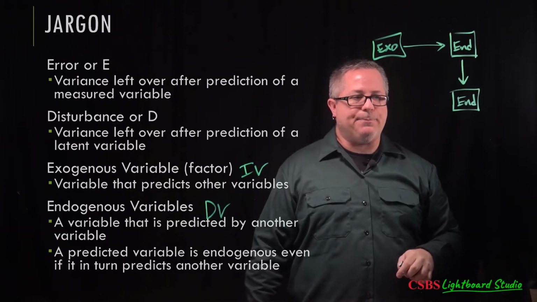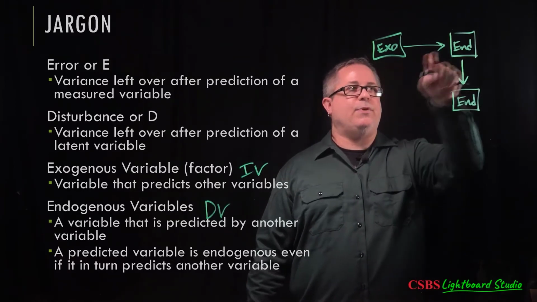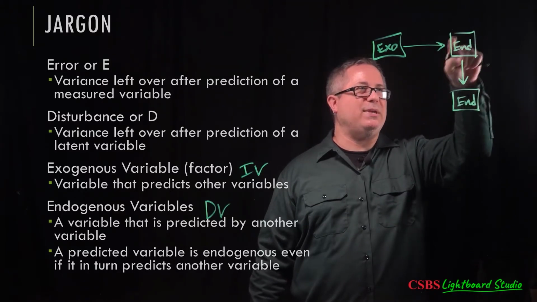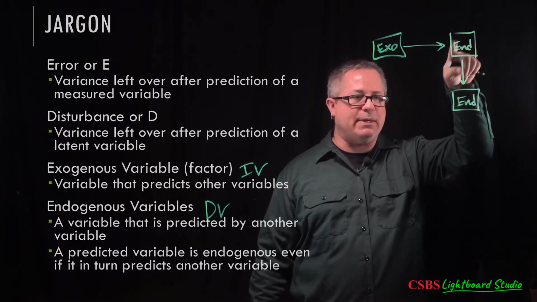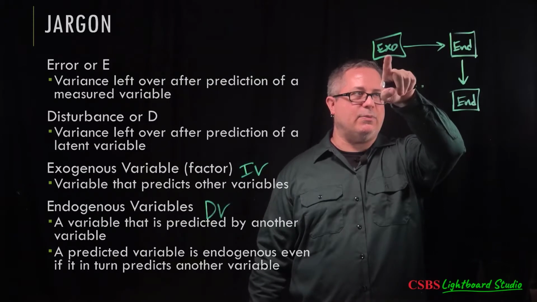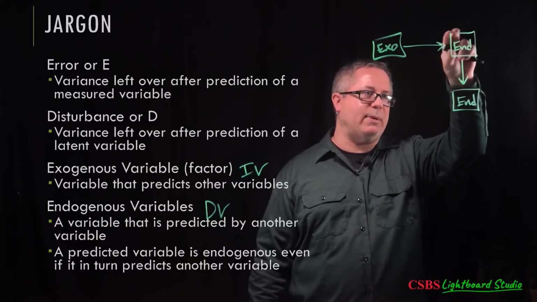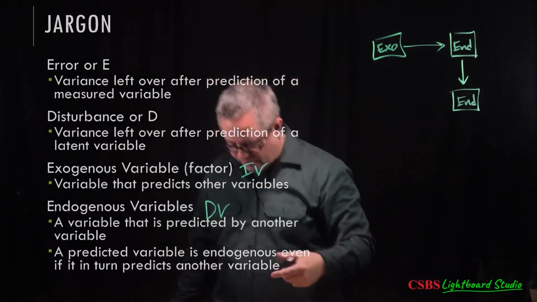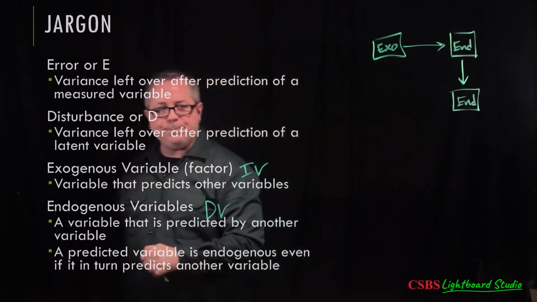That's why it's independent. So once a variable becomes dependent, endogenous, even if it influences something else, we can't say this is also independent because it's dependent on this one. Once a variable becomes dependent, even if it predicts other things, it cannot go back to being independent again.